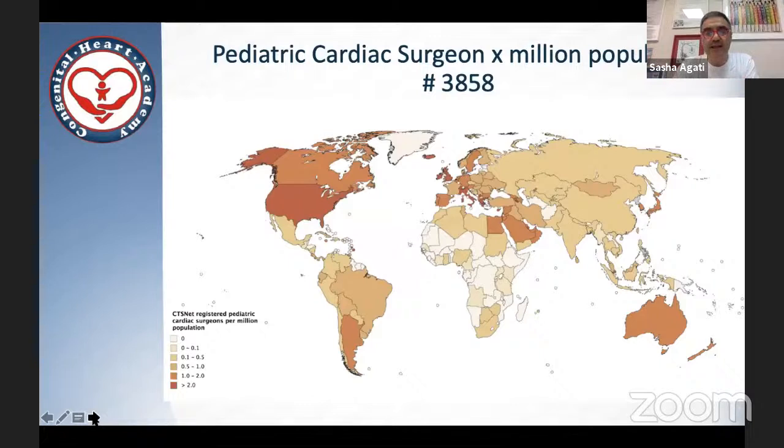And again, we can see how in North Africa and the Middle East, the number of pediatric cardiac surgeons is very poor, and mostly in sub-Saharan Africa, we really don't have the human resources to support such a program.